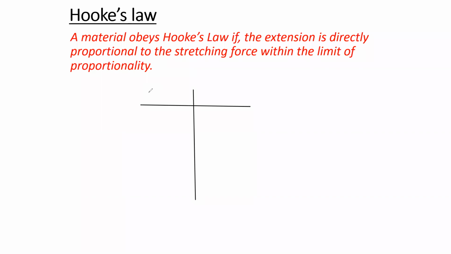Yes, sir. So another example: using the data, using the numbers, you can also identify whether a spring is obeying Hooke's law or not. Example, forces 2, 4, 6, 8, 10. Extension was 5, 10, 15, 20, 25.